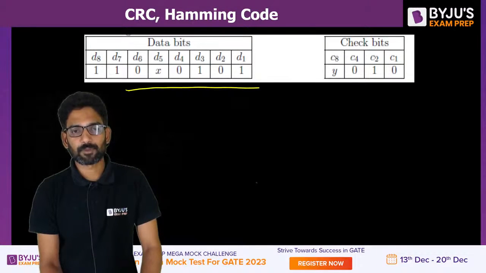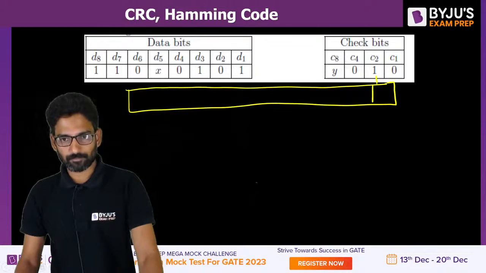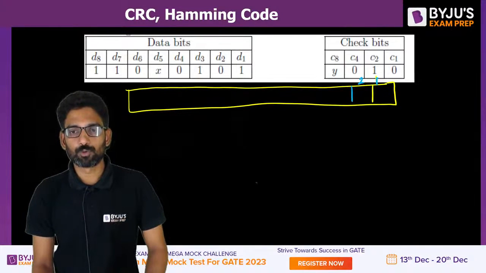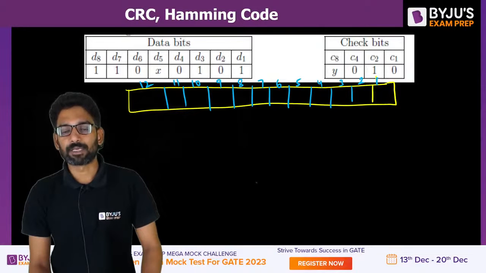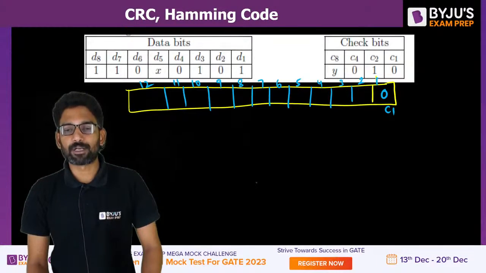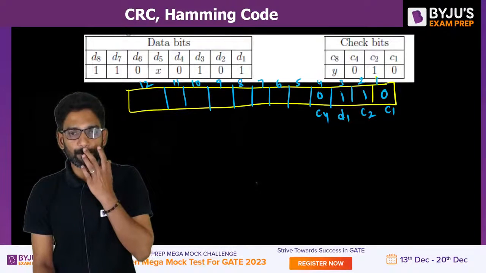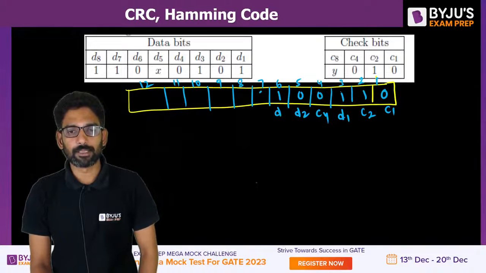So if you arrange these positions 1 2 3 4 5 6 7 8 9, 10, 11 and 12. 1 is check bit, that is C1. 2 is check bit, C2. 3 is data bit, D1. 4 is check bit, C4, that is 0. 5 is D2, D3, D4.